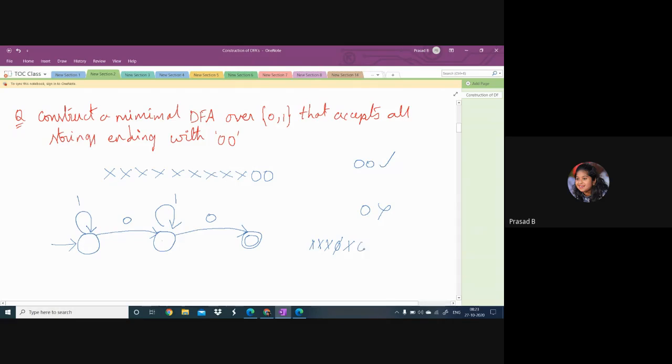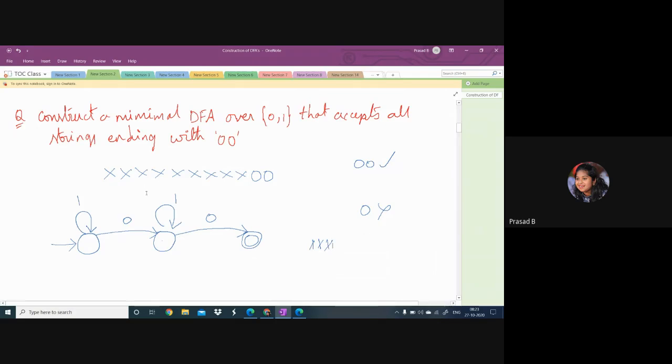Now, again, if 0 comes in the second state, from here we will come to the final, meaning accepted. So this string is accepted. Actually, what kind of strings must be accepted if it is ending with 00? Is this ending with 00? No. This is ending with 10. So it is an invalid string, and the invalid string is accepted by this machine. So this is not correct. So what is wrong in it? I will tell you.